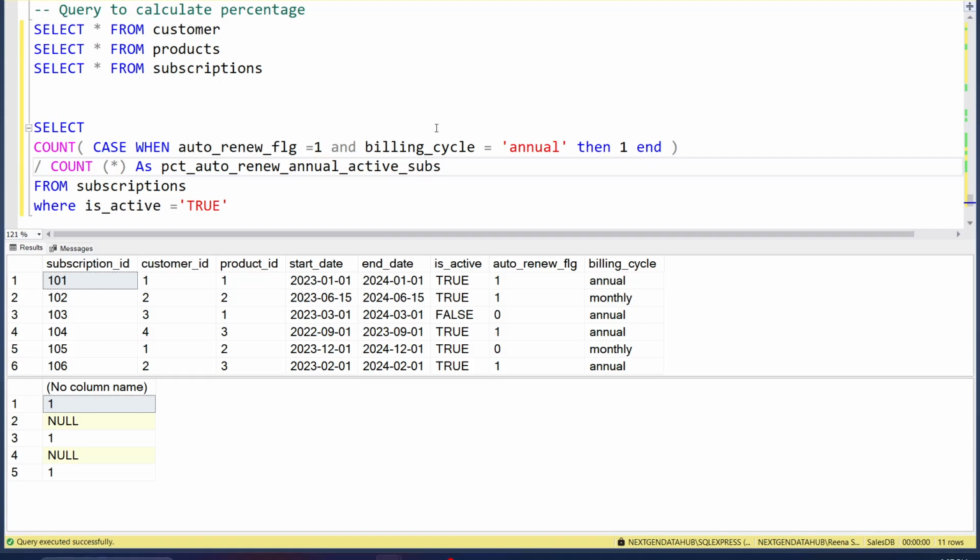So it will be very clear from it. Now let's take a look. This will be 3 out of 5. So 3 out of 5 is 60%. And we need to multiply it by 100.